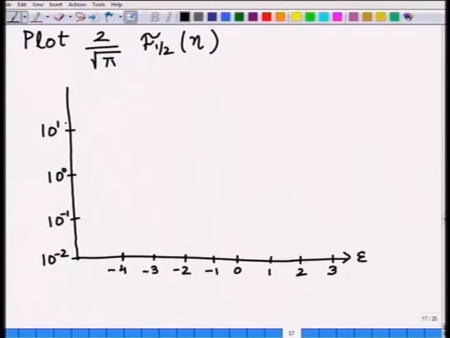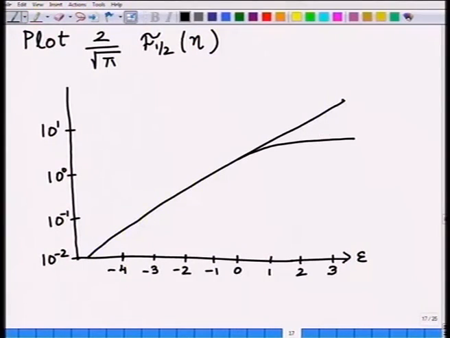If I plot this, somewhere here this curve looks like a straight line, then from 1 onwards it starts behaving like this.